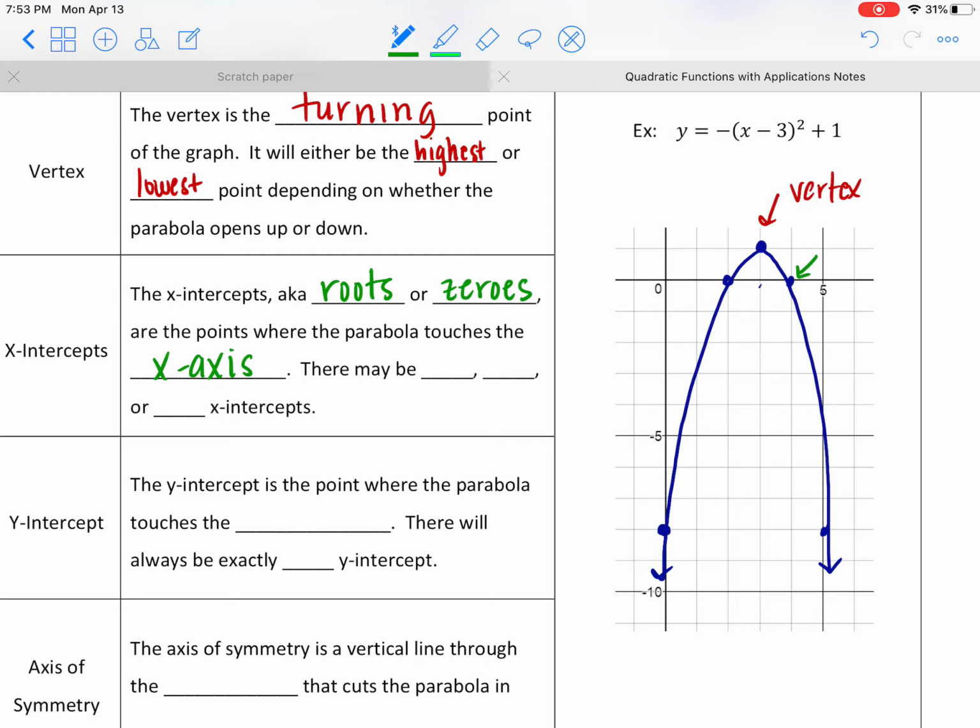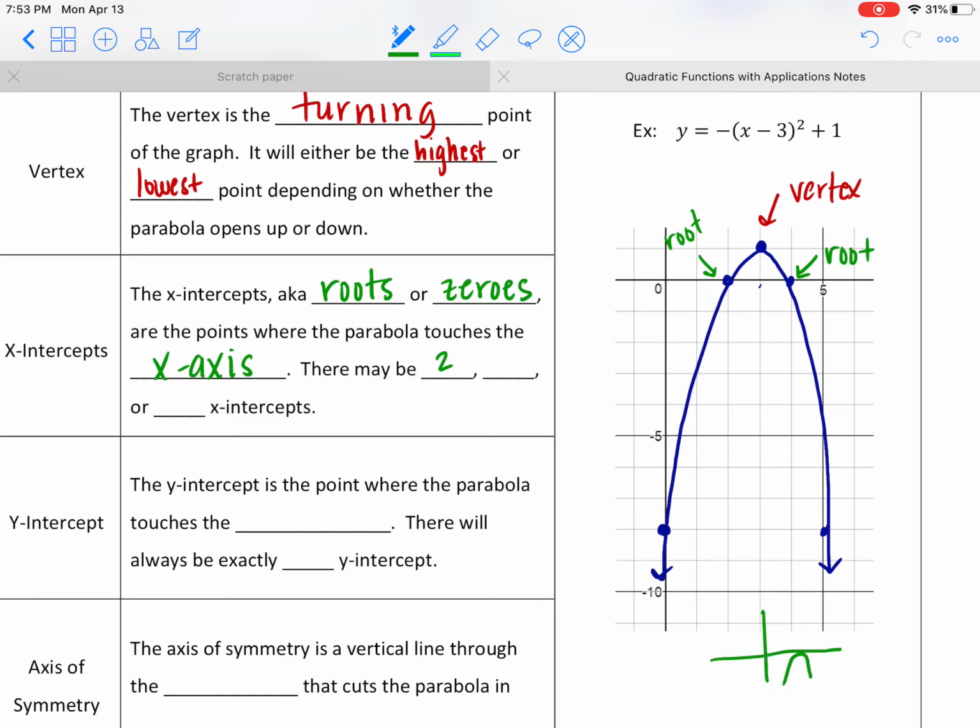They're all referring to points where a graph, in this case a parabola, touches the x-axis. So we have two roots right here. I like the word root versus x-intercept. It's just easier to say. We have a root here, and another root here. Those are the two points where your parabola touches the x-axis. But that's not the only possibility.